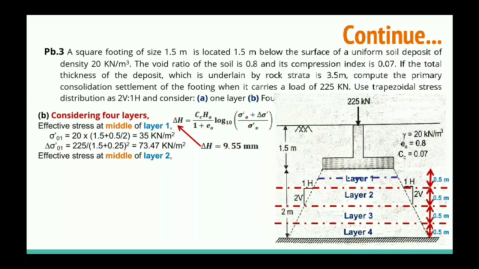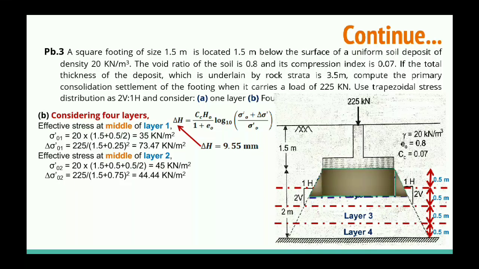Okay, so again go for the initial. The middle of clay layer 2 is shown by the blue dotted line, and that vertical height from the bottom of the footing is 0.75 meter. So we can calculate the initial effective stress, and we can calculate the change in the effective stress. This is the dispersion pattern for the second layer.